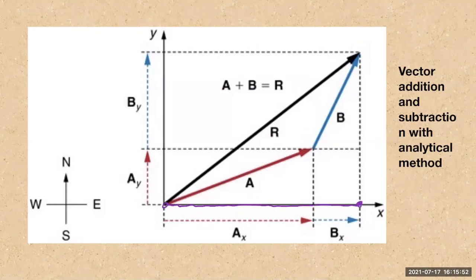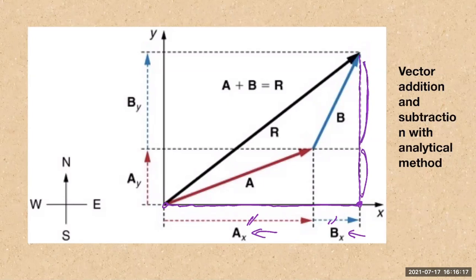That's the x component. Isn't that the sum of ax and bx, right? The sum of this segment and this segment. Similarly, the y component of the vector R is from here to there. But isn't it the same as this length plus that length, which is ay plus by, right?